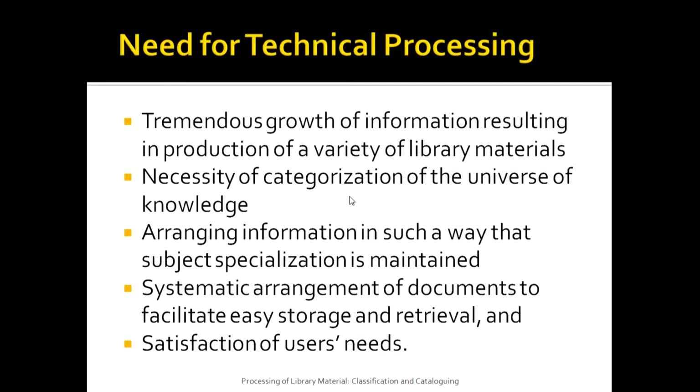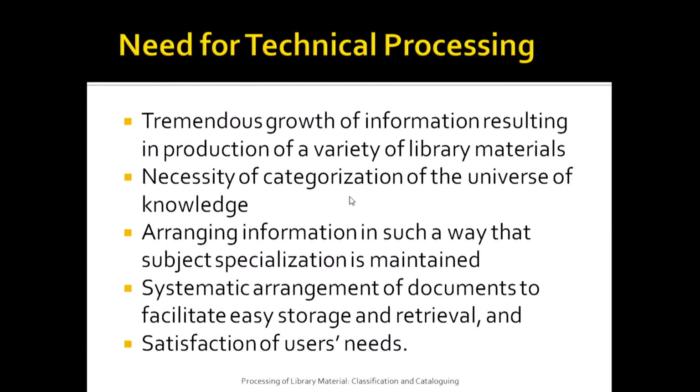Let us now take a look at the need for technical processing of documents. As you are all aware, the tremendous growth of information resulting from the production of a wide variety of library material has necessitated that we categorize the documents. So, there is a necessity of categorization of the universe of knowledge. Then arranging of information has to be carried out in such a way that subject specialization is maintained.